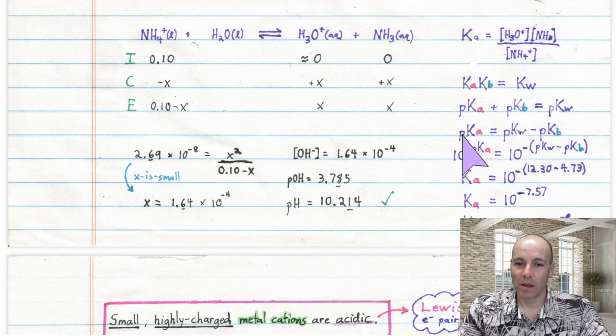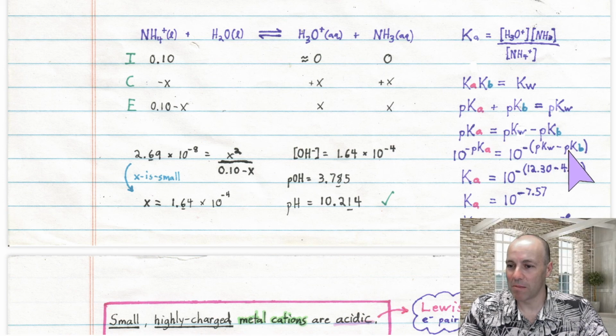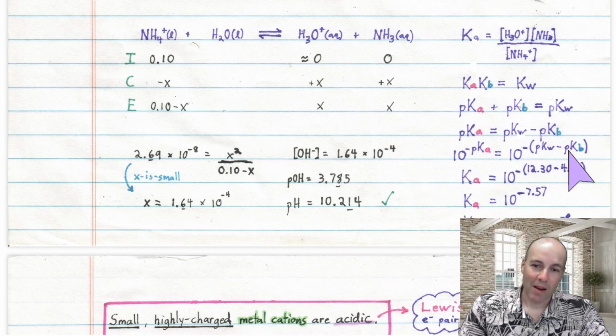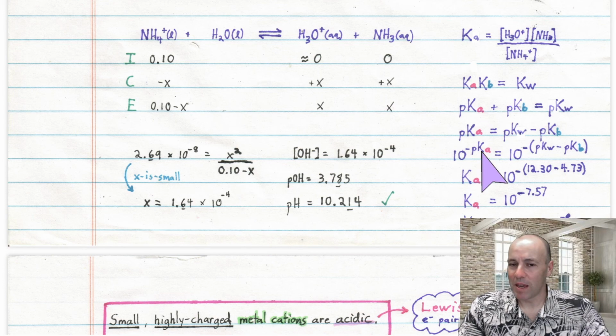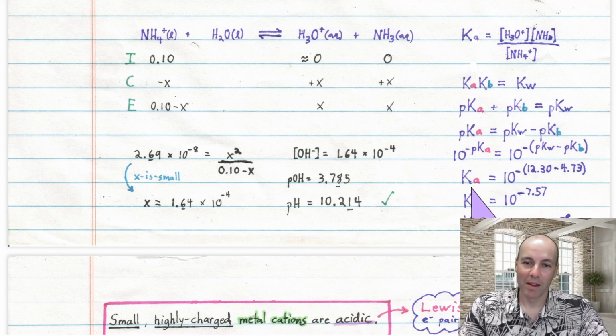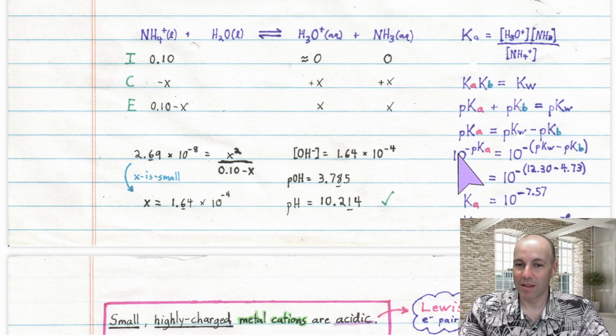So if we say 10 to the negative pKa on the left side, then we also have to say 10 to the negative all of that: 10 to the negative (pKw minus pKb). Now, 10 to the negative pKa is simply Ka. Those are inverse operations. Just like 10 to the negative pH is the H+ concentration, 10 to the negative pKa is the Ka.